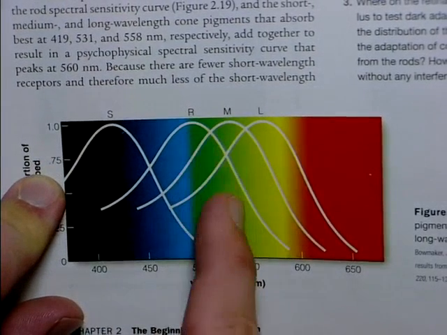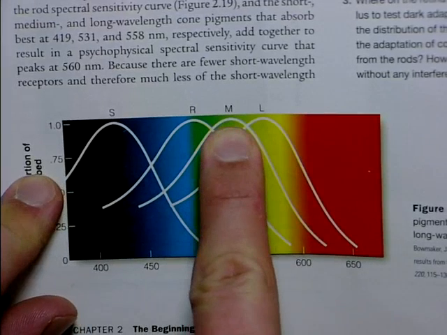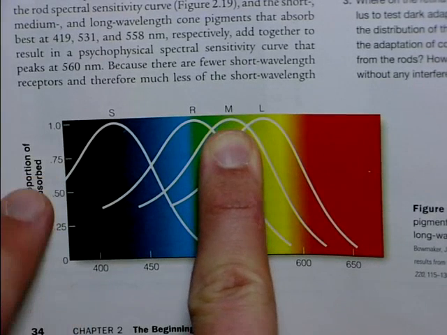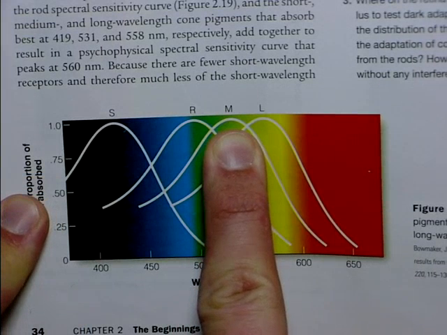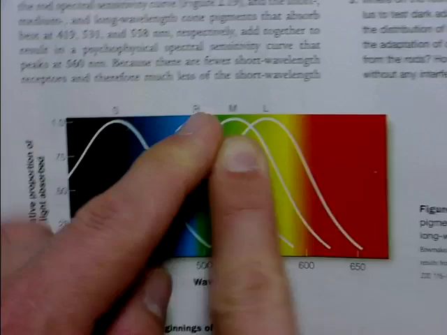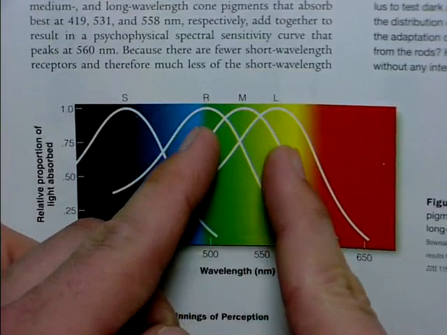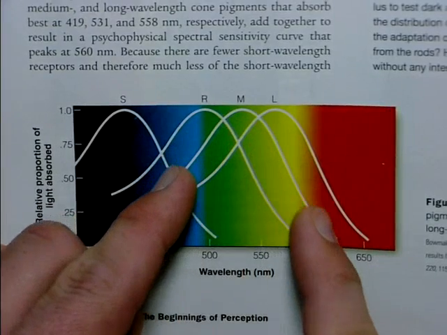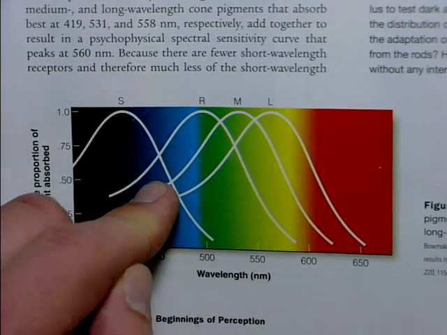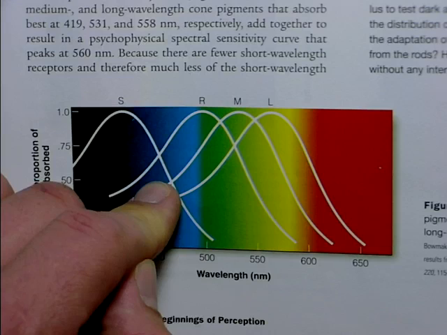Your medium wavelength cone responds best to 531 nanometer light. As you move away from 531, either above or below, its response drops. Does that make sense?